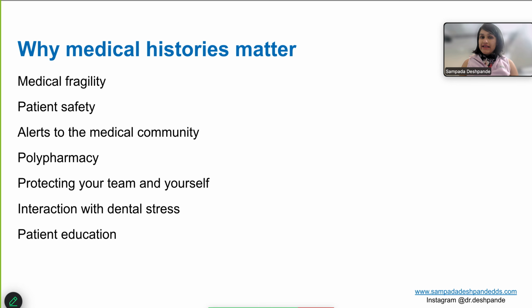So why again do medical histories matter? And I will put this in context with our patient. Medical fragility. Is she super fragile? Yes. Is she usually that fragile? No. But temporarily she is. She's just had a heart attack. She probably doesn't understand how significant it is and how an anesthetic or that procedure, when it interacts with dental stresses, is going to impact her.